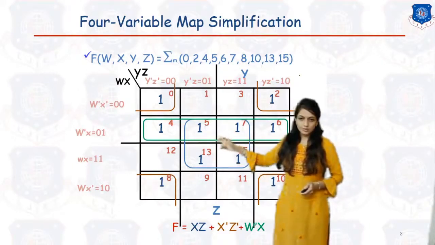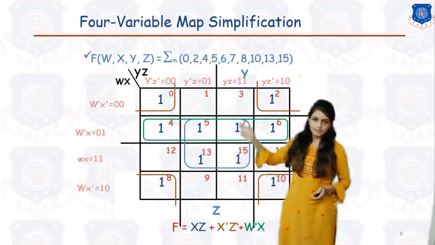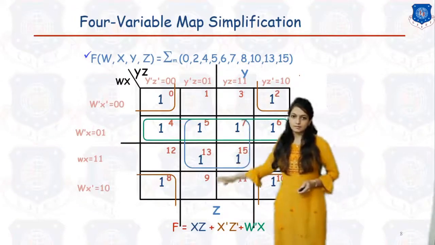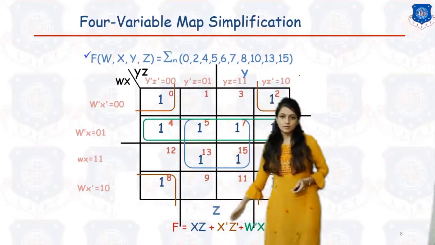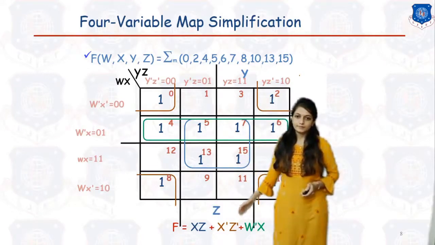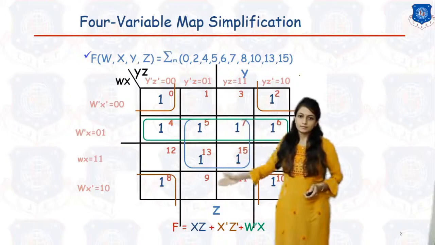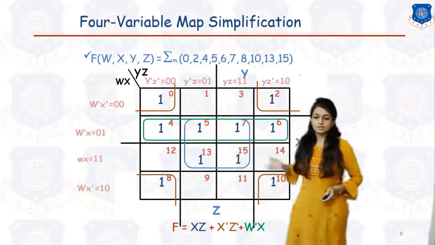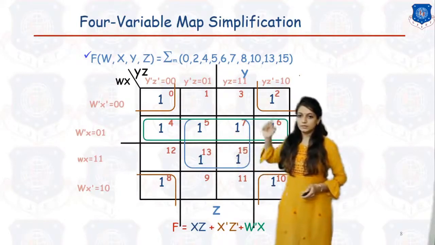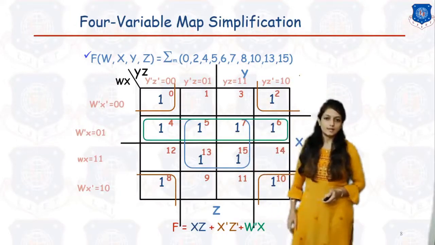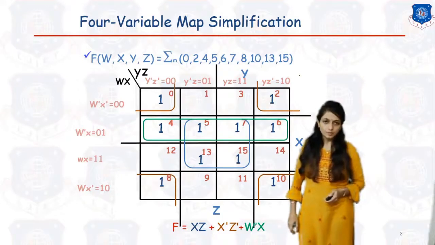W dash is not common, X is common. X Z, the blue one, in the answer. For the red one, X bar Z dash. For the green one, the horizontal one, W dash X directly. Okay.